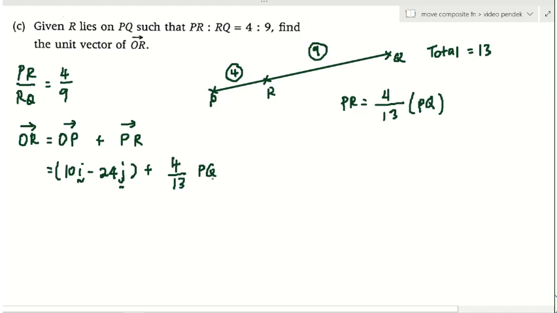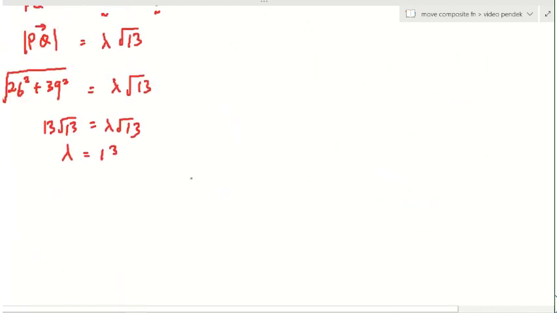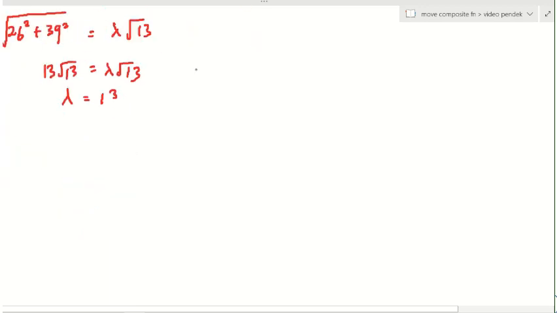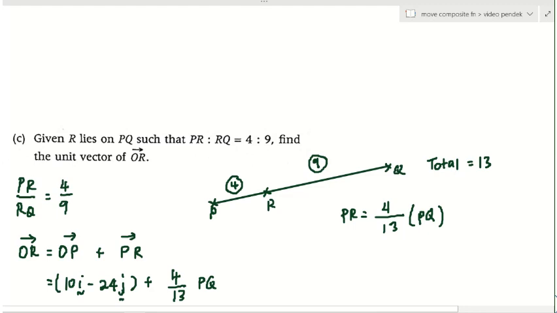PQ we get in question B right here: 26I plus 39J.